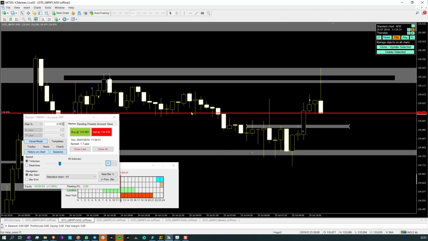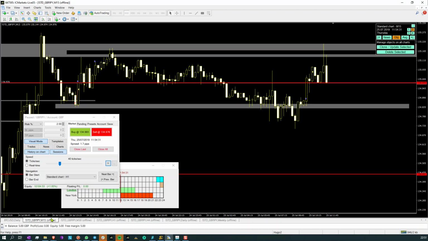Ooh. And we might come here, just retest it, and in M15. Interesting M15. Let's see the close of this candle.